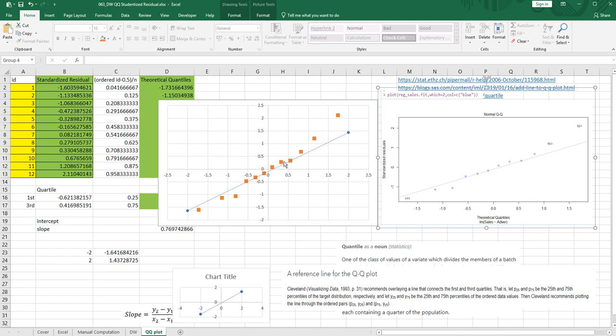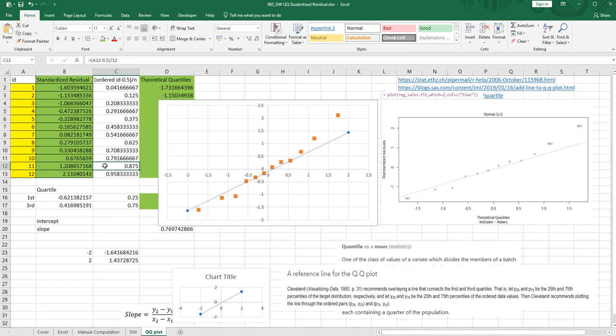Yeah, so as I showed you, there is a lot of manual work, but we can draw a QQ plot in Excel manually. So again, in summary, we need to sort the standardized residual, and we need to calculate theoretical quantiles.